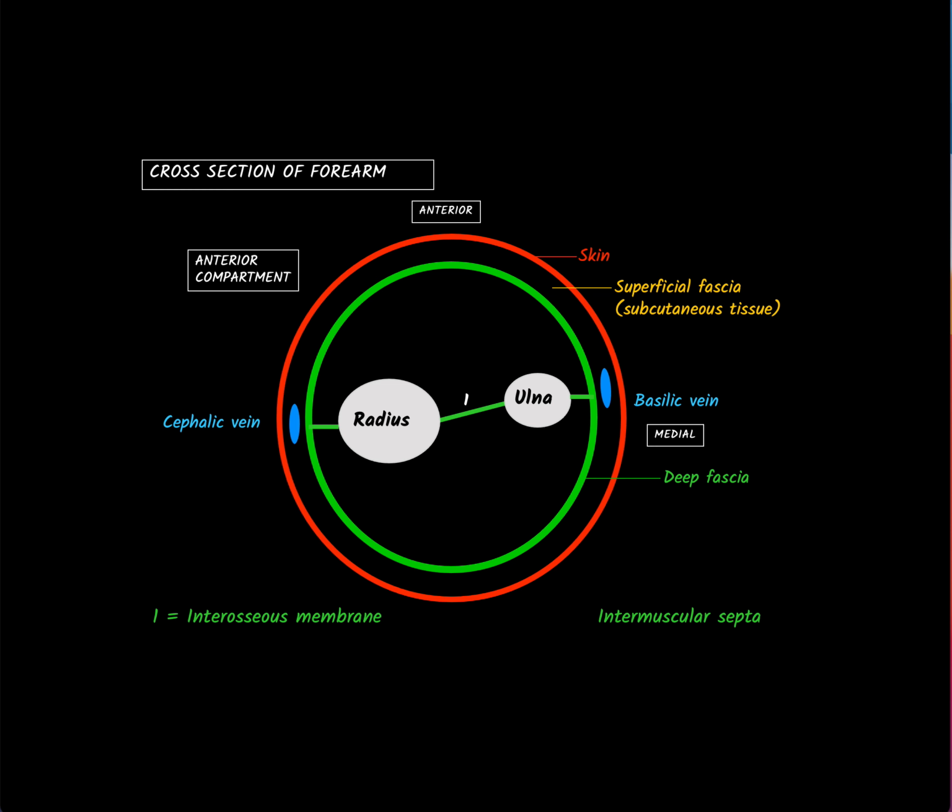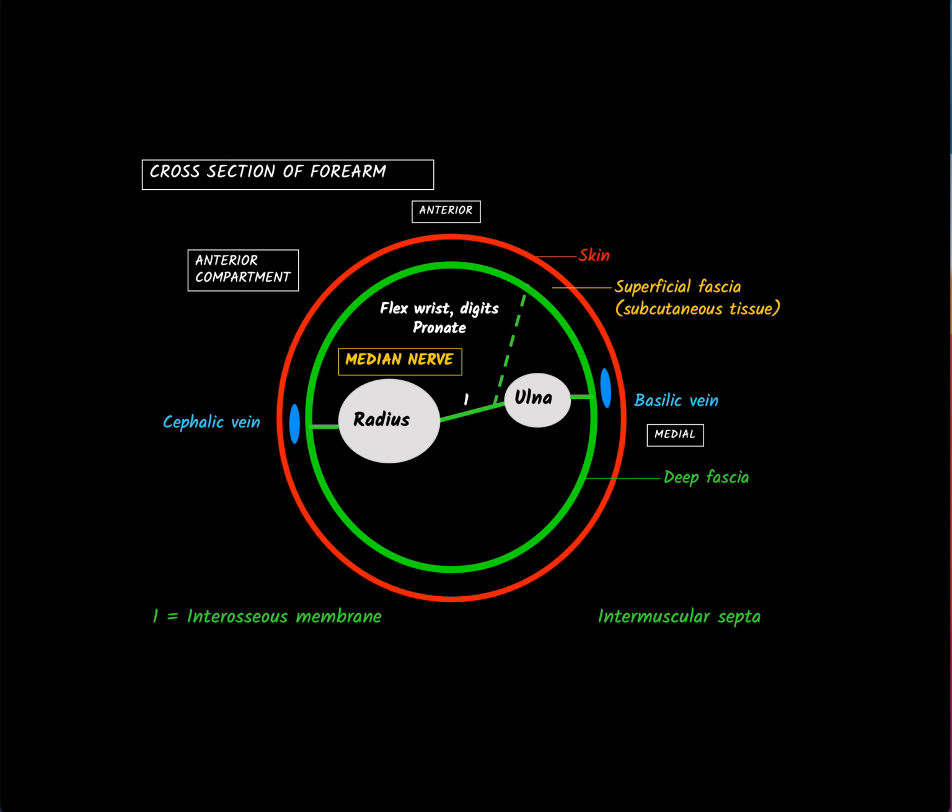So now the anterior compartment: the group of muscles located within it, what is their job? They are flexors of the wrist joint and the digits, and they help in bringing pronation at the proximal and distal radio-ulnar joints. And the nerve which controls these muscles is my median nerve through its different branches.